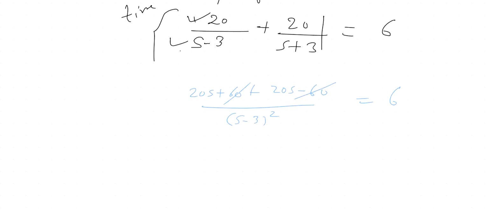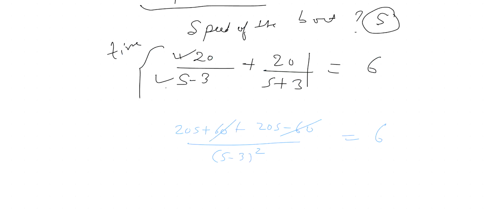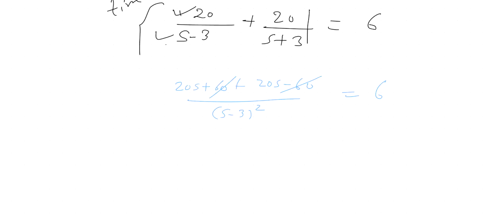When you are going to solve this, I'm not going to solve it, because the idea is just to give you what a quadratic expression in real life would be. When you try to solve this and I tell you to find out the speed s, you won't really get an actual number for s, because the moment you open this up, it opens up as s square minus 6s plus 9. And then of course you cross multiply and so on.